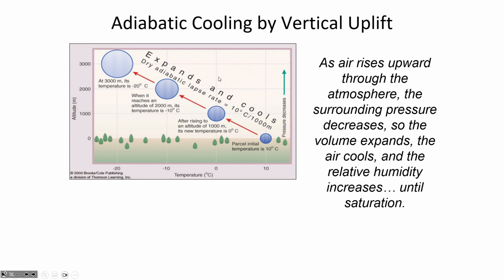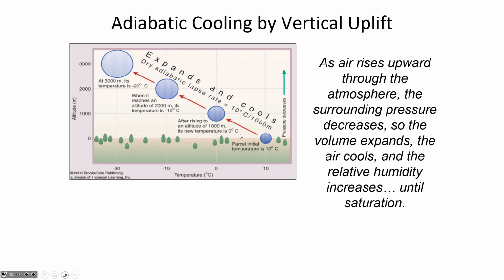The adiabatic lapse rate is about 1 degree Celsius for every 100 meters of altitude. That's how much the temperature decreases because of the density of air. As the density decreases going up through the atmosphere, the temperature decreases along with it.